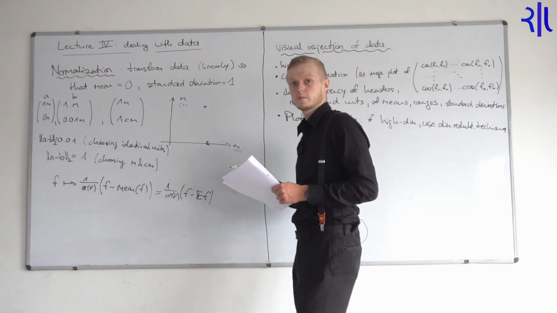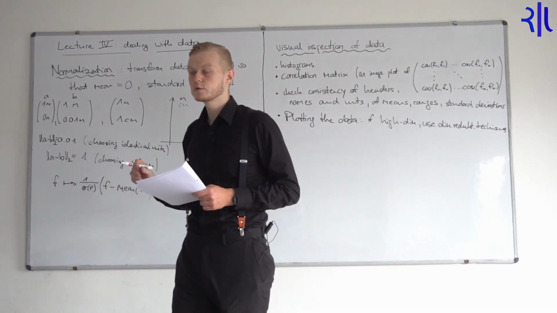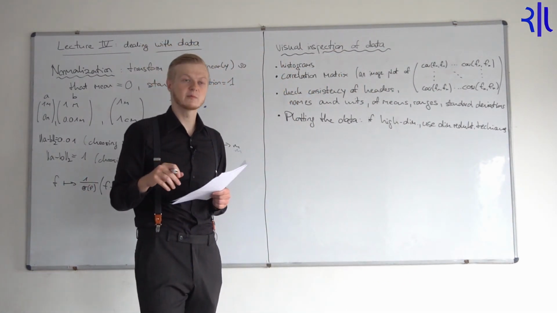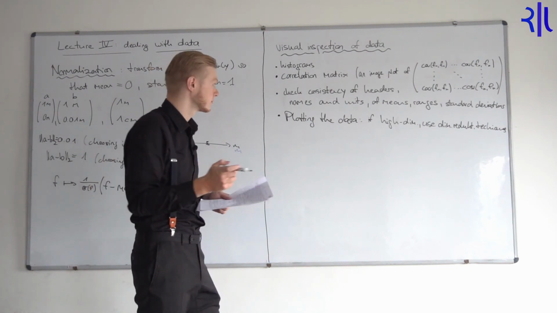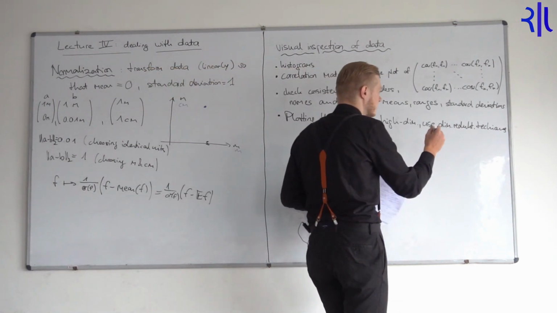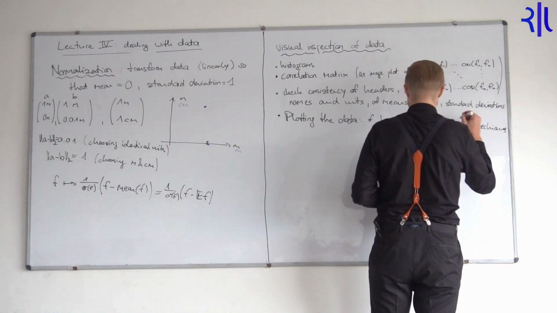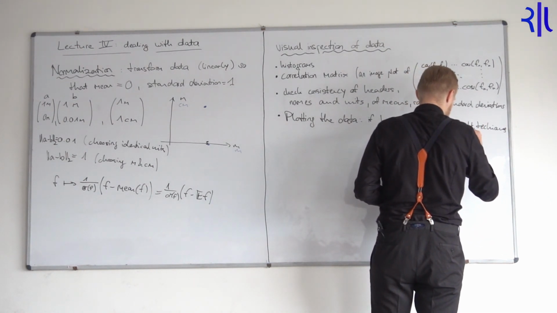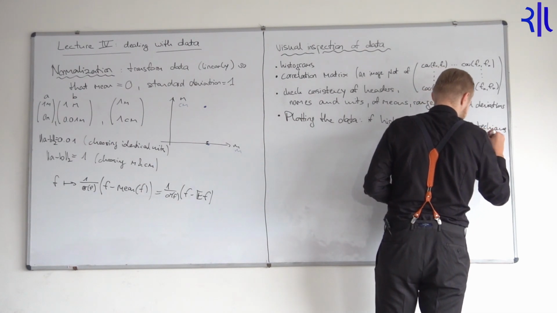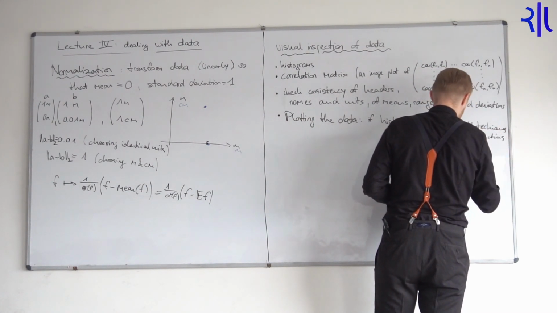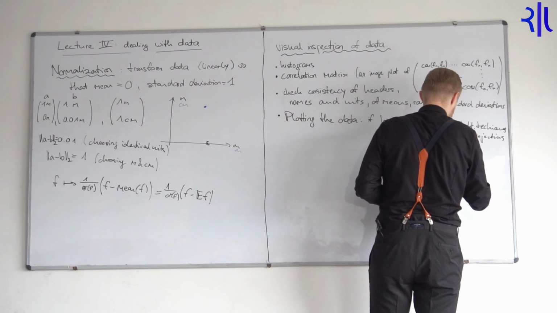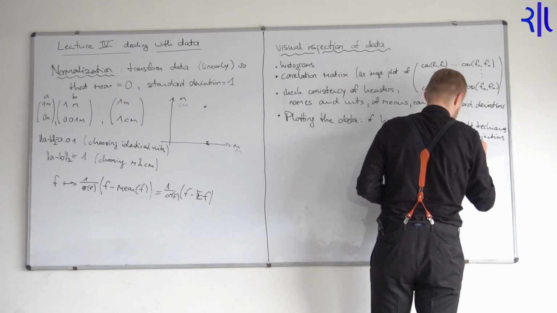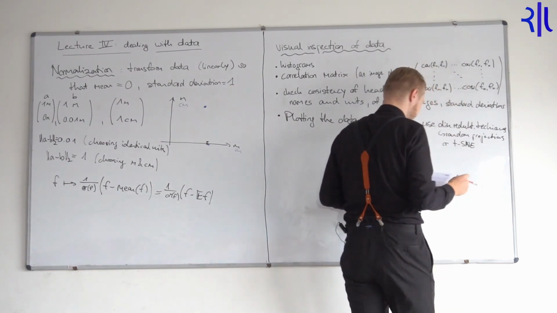And if it's high dimensional, you might use a dimension reduction technique, something like random projections, or t-SNE.